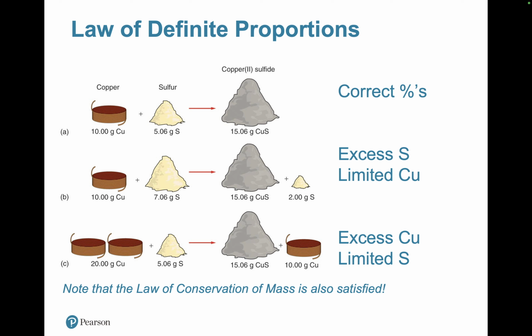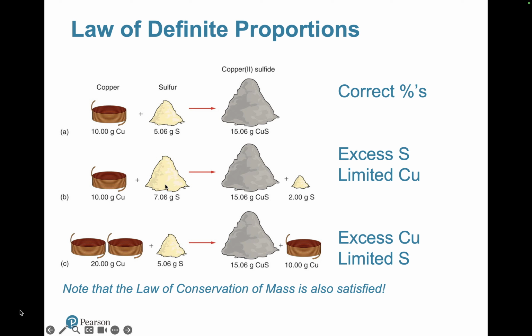And so in this picture here, you see that we're making a compound called copper sulfide, copper 2 sulfide. So we'll get 10 grams of copper metal and then 5.06 grams of sulfur. We'll combine it together in a chemical reaction, and we'll end up with 15.06 grams of copper sulfide, right? And so nothing's left over.